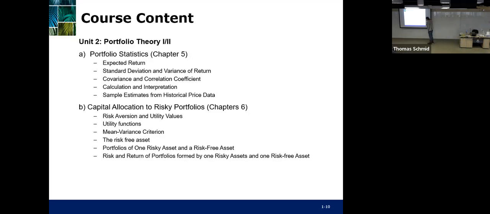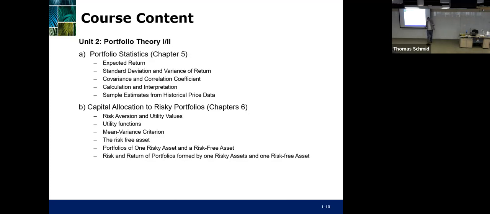Yeah, so this is portfolio statistics, still pretty close to what you know, I would say. After that, we move on to the first real theory chapter, I would say, which is called capital allocation to risky portfolios. And in this chapter, what we try to do is we try to understand in a very simple model world.